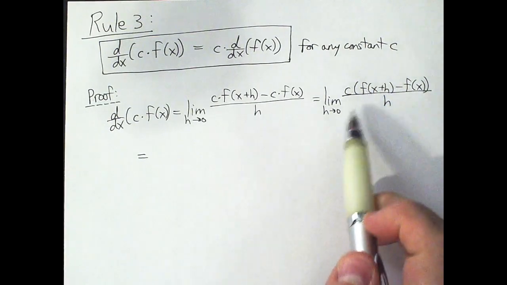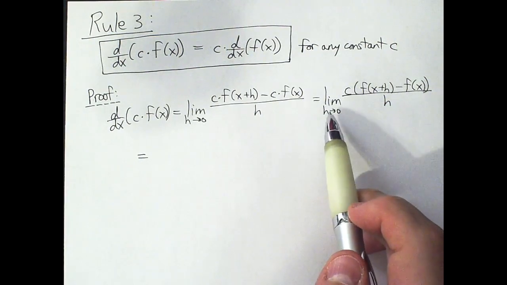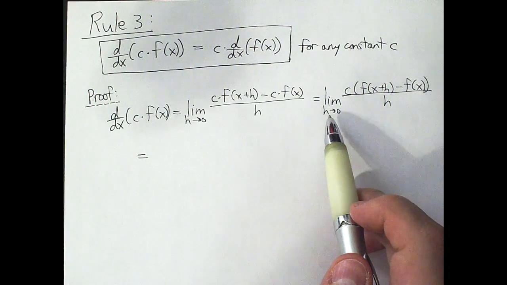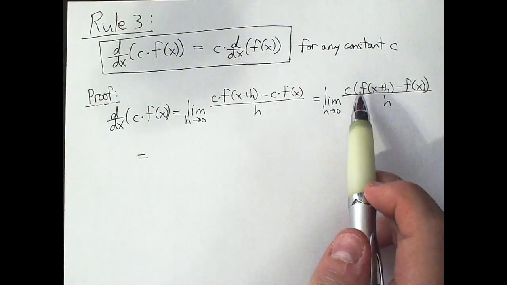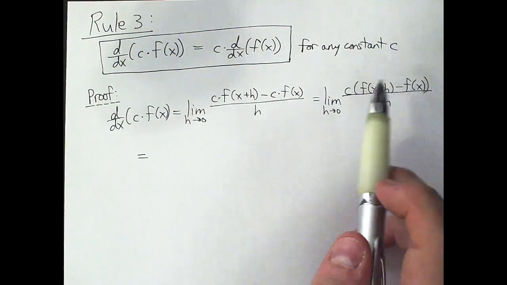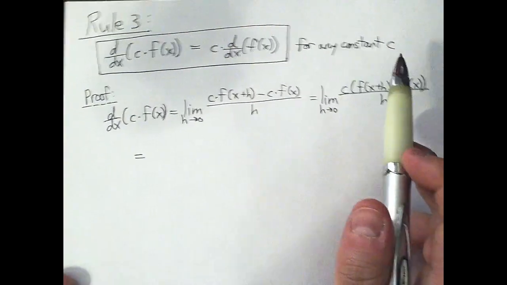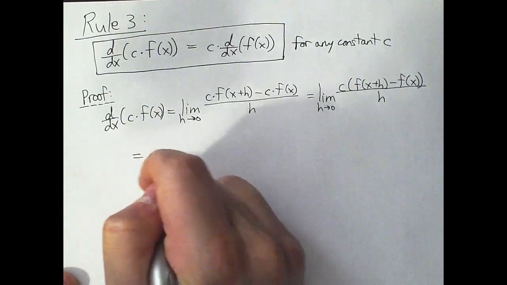You can't pull a variable out of a limit, and you can't pull out something that's changing. That's really what I should say. h is going to 0, so you wouldn't be able to pull an h out. But c is just staying as the constant c, so it is okay to pull that out of the limit.